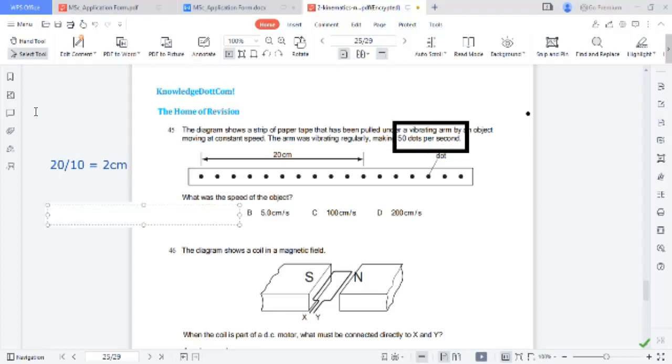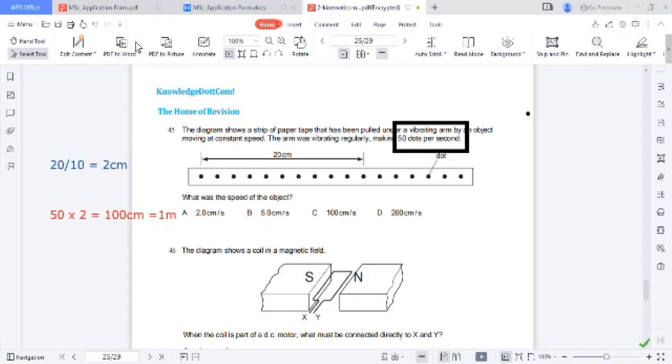So now we have 50 dots, each of length 2 centimeters, which is actually 100 centimeters length. 100 centimeters is equal to 1 meter. And how much time does it take? It takes only 1 second. So the speed is 100 centimeters per second or 1 meter per second.